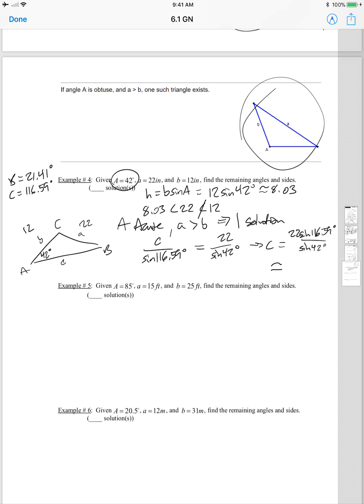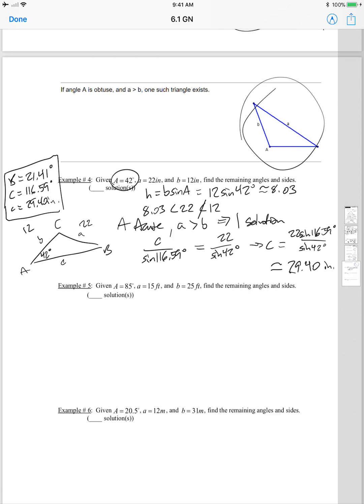Plug all of that into our calculator and we get that C is about 29.40 inches, because that's the unit that I was given. So C is about 29.40 inches. And that's all the missing information for this triangle.